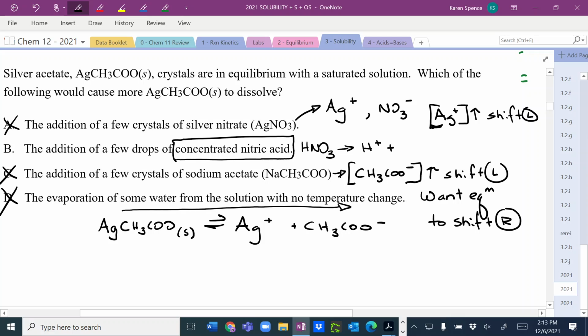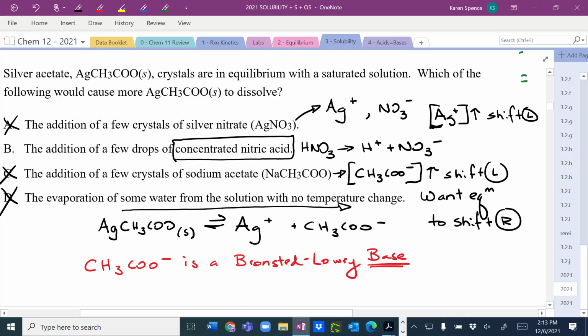H+ and NO3-. Now, it turns out, and this is what I don't expect you to know just yet, that CH3COO- is a Bronsted-Lowry base.